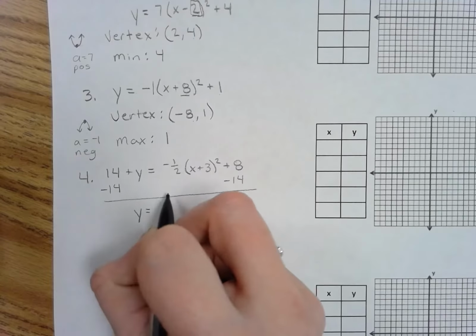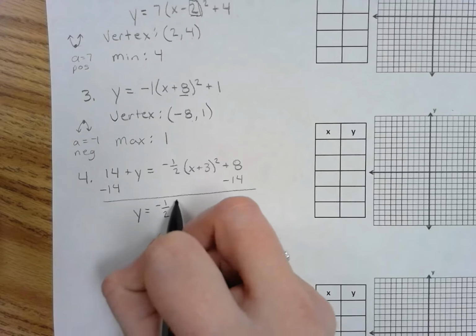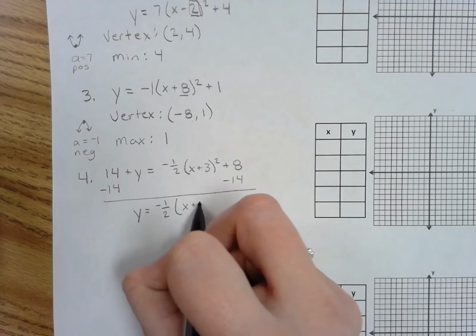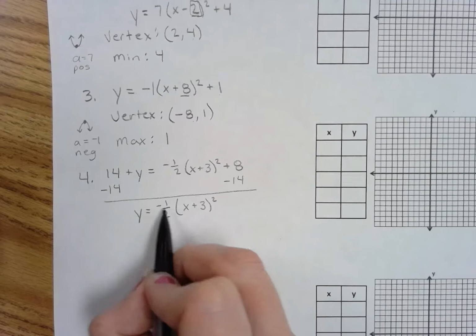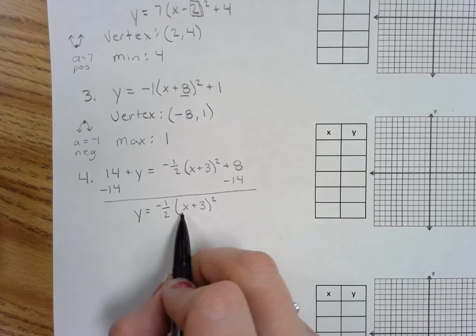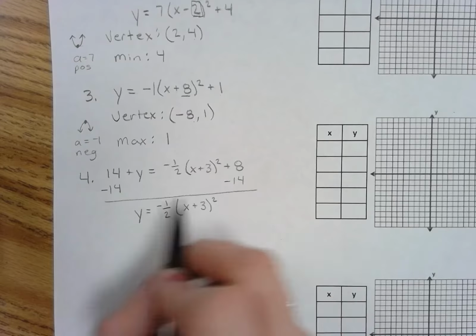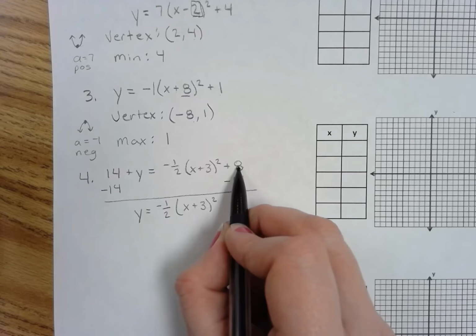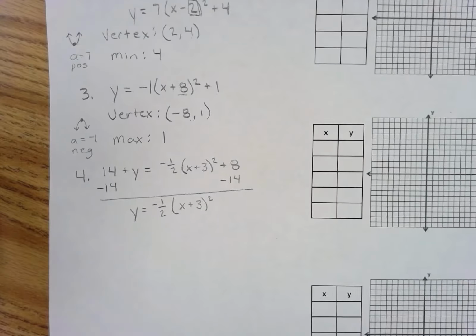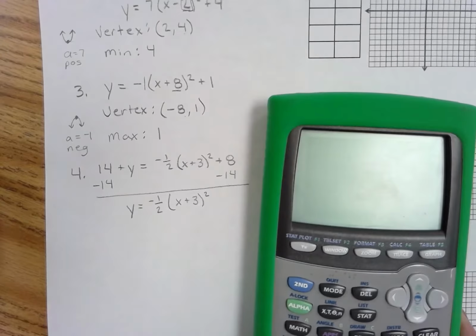We have y equals this first part, the a and the x plus 3 squared, the x minus h squared part. All of that part of the vertex form was fine. The plus 8 is not really your k because we had to subtract the 14 from 8. That will make it become a new k value, because the 8 was never really our k value to begin with.